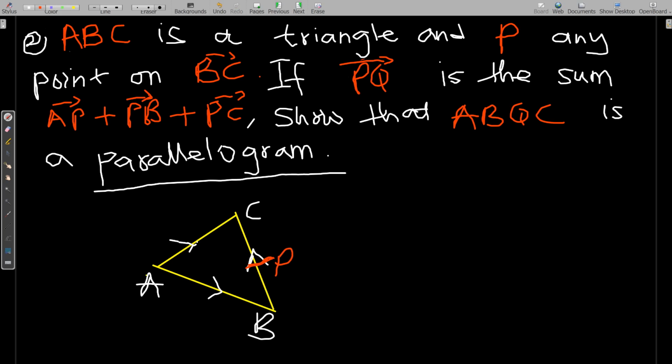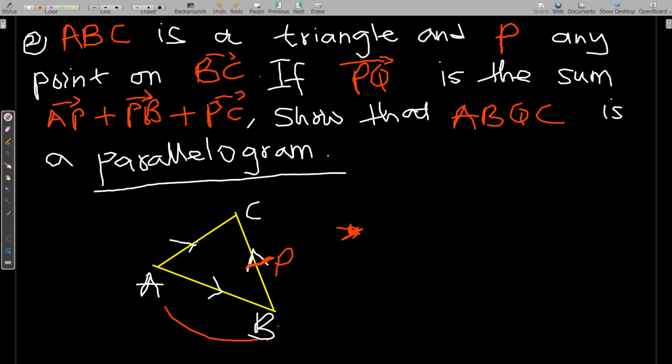Then PQ, so there's a point Q somewhere that we don't know, is the sum AP plus PB plus PC. Show that ABQC is a parallelogram. Now ABQC means that this is how the arrows go: A to B, then B to Q, so Q should be at a point like this, then Q to C. That's how the parallelogram is named, ABQC.